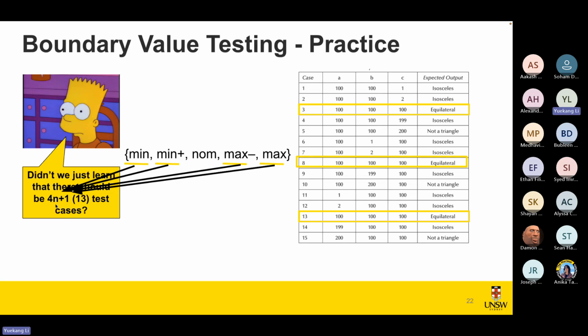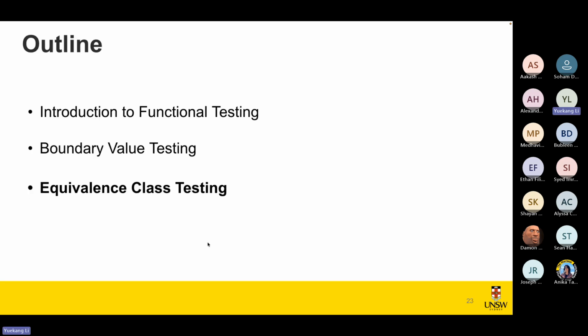Yes, 6n plus 1. Because we have 2 more values in the rotation, we have min minus and we have max plus. So that's why the formula is 6n plus 1. So this is all about boundary value testing.